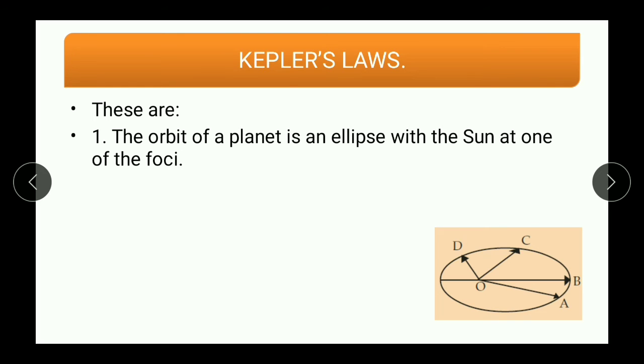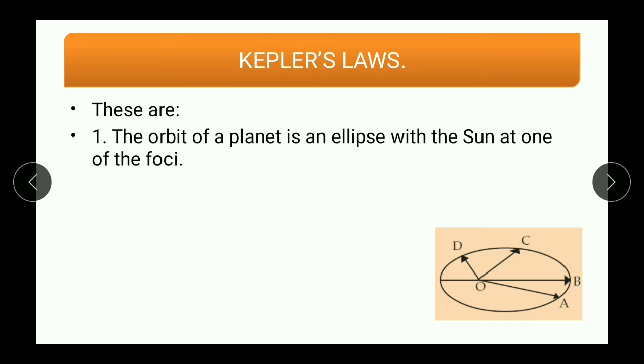Students, remember that in the age of satellites, where we have sent innumerable satellites for space exploration, it is very easy to say that yes, planets revolve in elliptical orbits. But in the period I am talking about, which belongs to the 17th century, we didn't have any satellites.